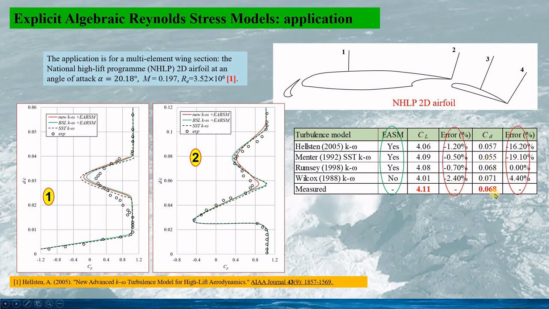And for the drag prediction, the new k-omega model with the explicit algebraic Reynolds stress model gives a very accurate prediction. So in this example, we can see that even with the enhancement of the explicit algebraic Reynolds stress models, it cannot guarantee a good prediction. And we can also see that, compared to the prediction of the lift, the drag prediction is much more complicated.